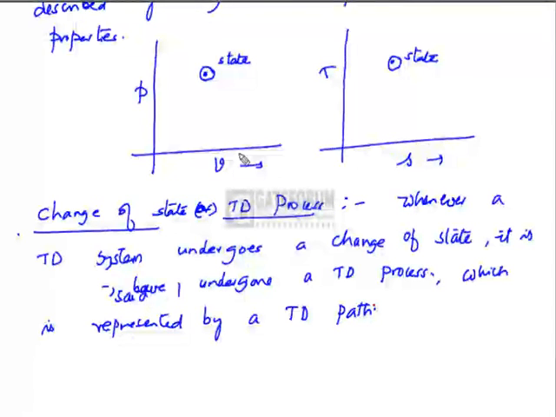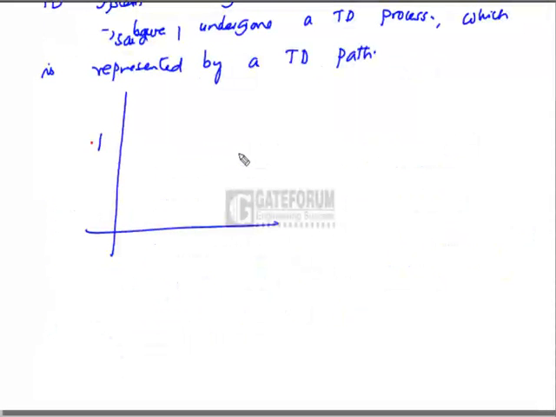In fact, a thermodynamic path is a series of states undergone by the system during the process. As shown in the figure, a thermodynamic path is indicated by a line joining the series of states undergone by the system.